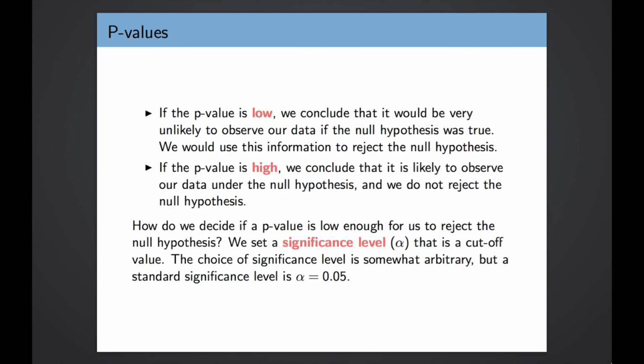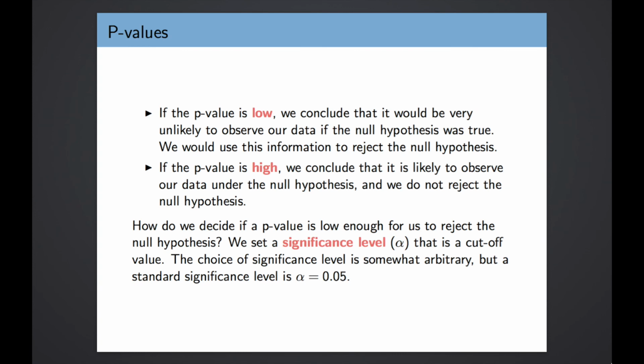We use the p-value that we find to come to a conclusion about our research question. If we find a low p-value, what we conclude is that it would be unlikely to observe our data if the null hypothesis was true. So the probability of observing the data that we observed under the null hypothesis assumptions would be very low. So if we find a low p-value, we can use that information to reject the null hypothesis.